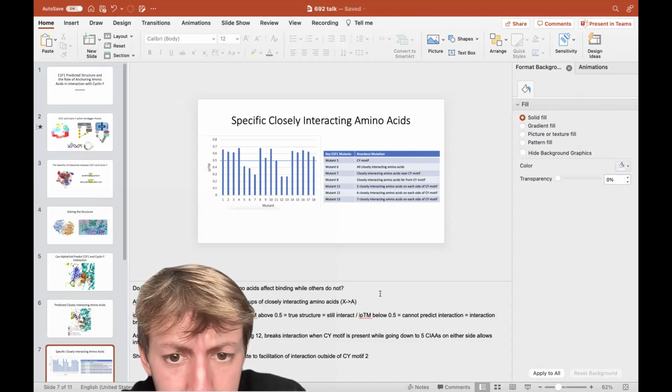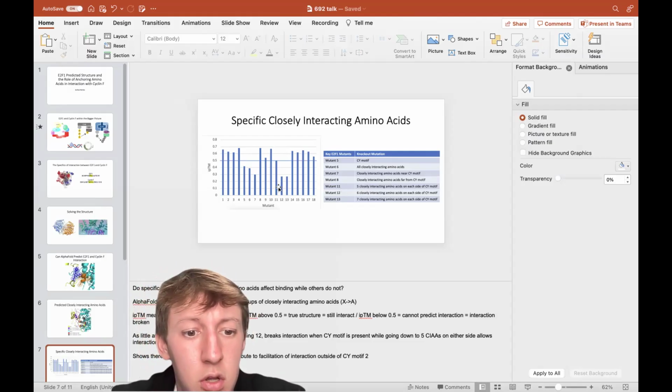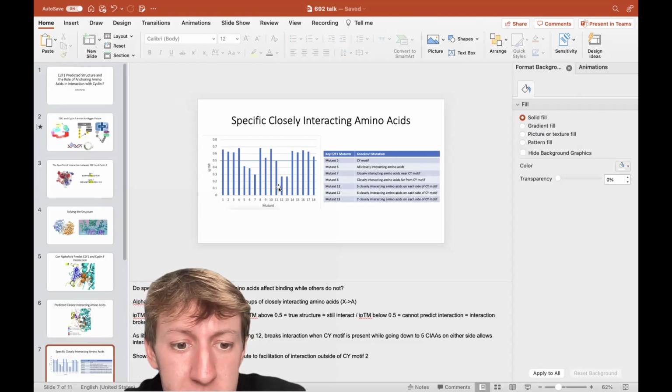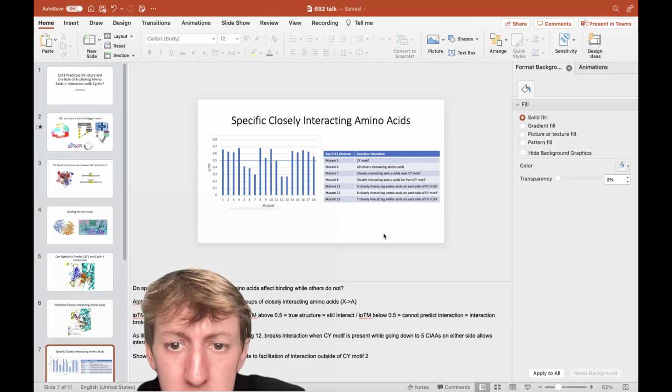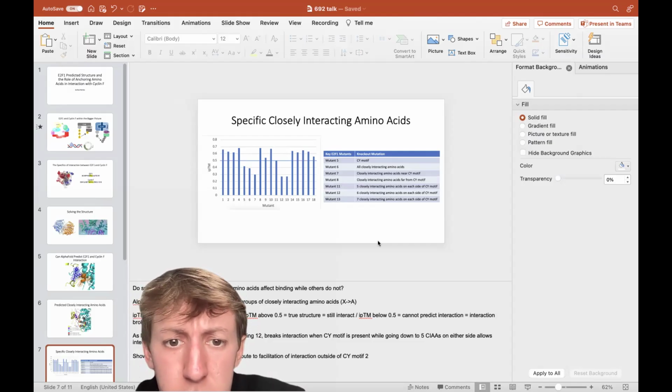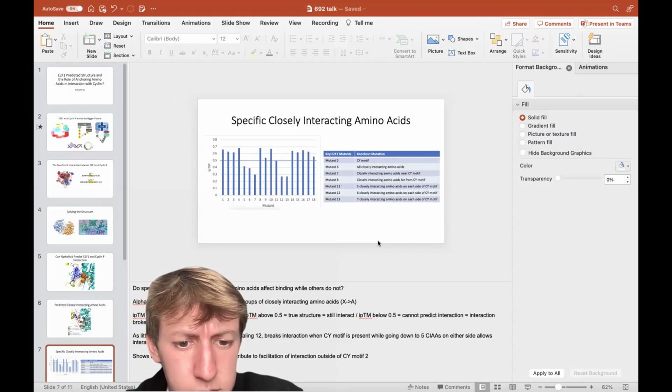This can be seen in mutant 12, in which 6 amino acids are mutated and the IPTM score is below 0.5, and mutant 11, in which 5 closely interacting amino acids on either side of the psi motif 2 are mutated, and the interaction is still predicted to occur.